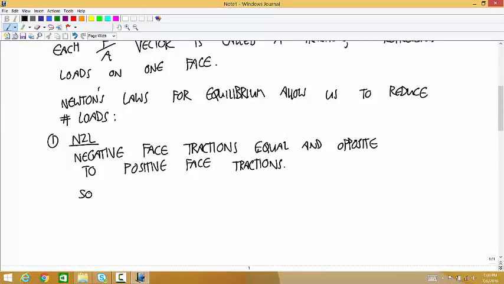So now we can represent all the loads uniquely with only 9 values. We only need the tractions on the positive faces.